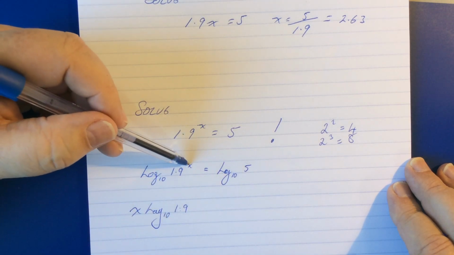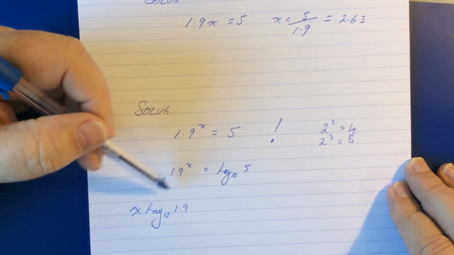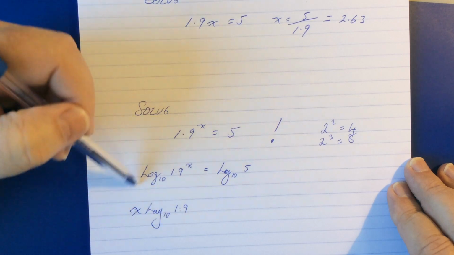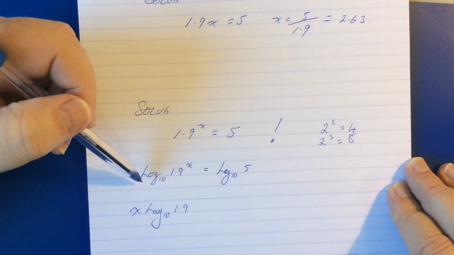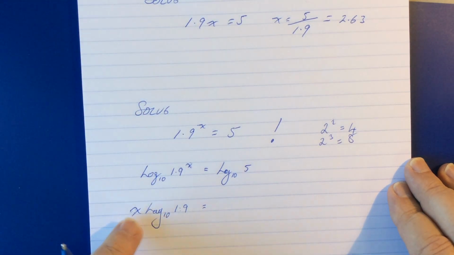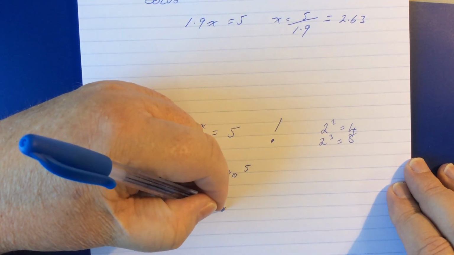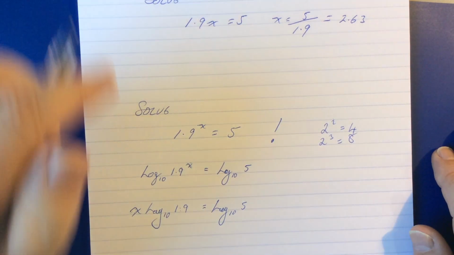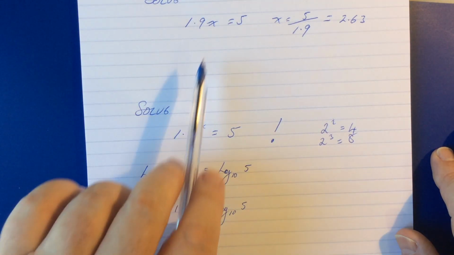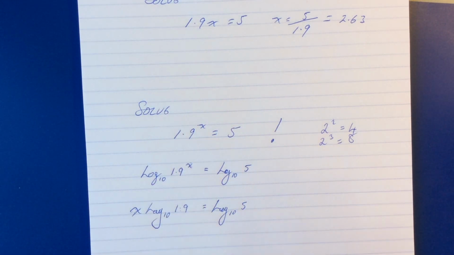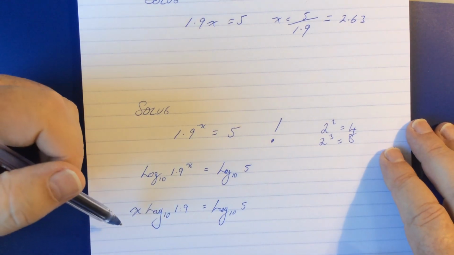So this x can be moved to here. These two expressions mean the same thing. This makes life considerably easier because we now have x times log 10 of 1.9 equals this. And suddenly this is beginning to look a little bit like this. Not a lot, but a little bit like that.